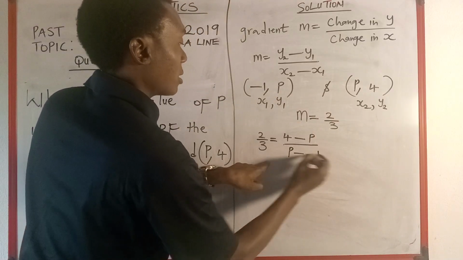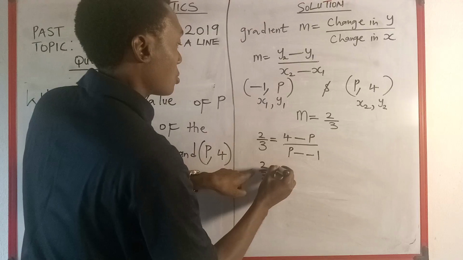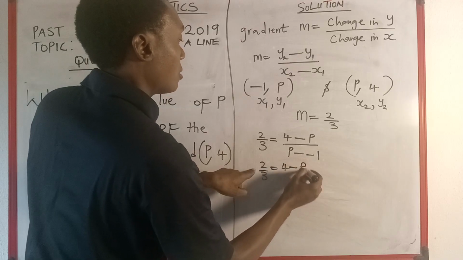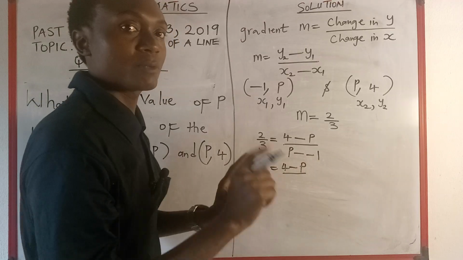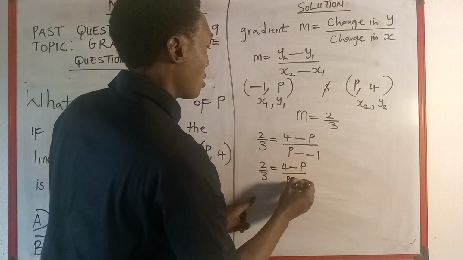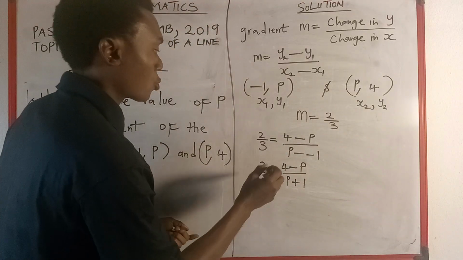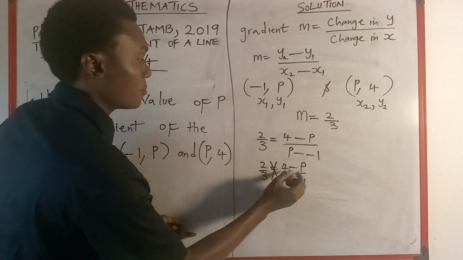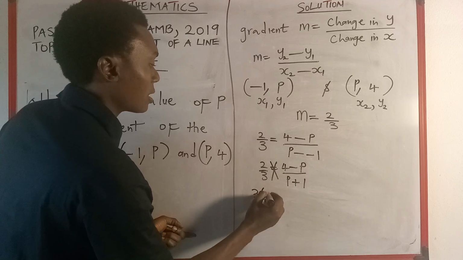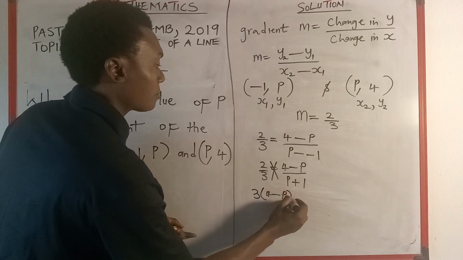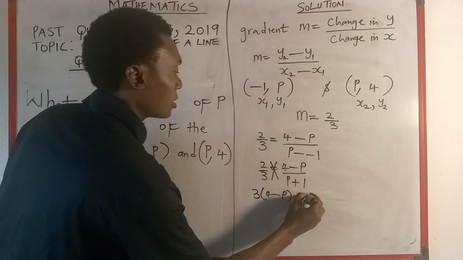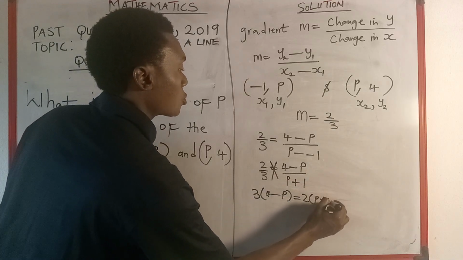So minus minus 1. Minus minus is plus in mathematics, so P plus 1. Now when you get to this point, we cross multiply. So we're going to have 3 bracket 4 minus P, equals 2 times this again, P plus 1.